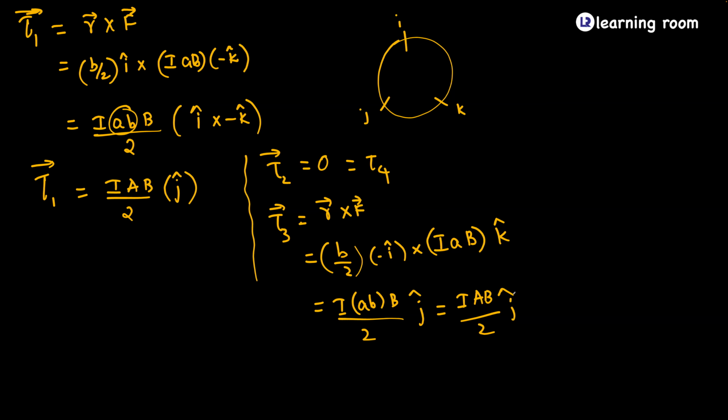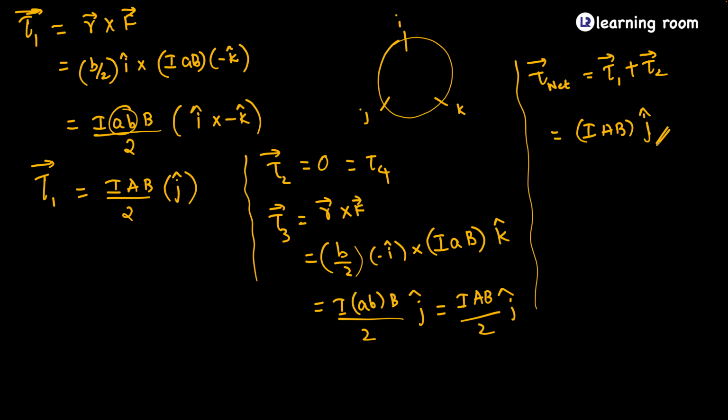Here capital A is nothing but the area of this rectangular portion. So what is going to be the net torque experienced by the system? Net torque experienced by the system will be equal to torque experienced by 1 plus torque experienced by 2. So what is going to be the answer? It will be I into A into B times J cap.